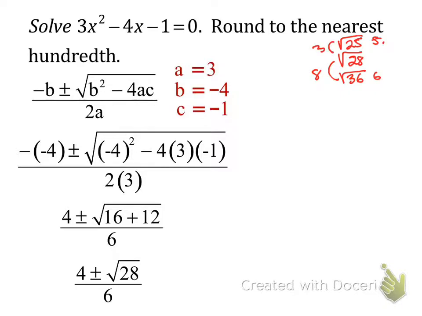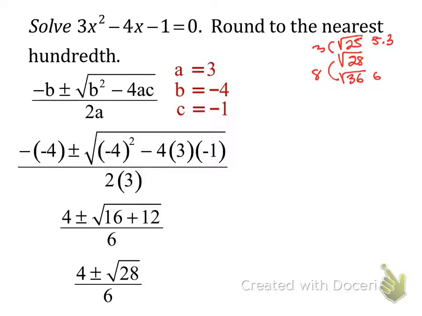I'm going to say 5.2, 5.3. Okay, I'm going to go with 5.3. If I check it on here, it's 5.29. So I said 5.2, 5.3.